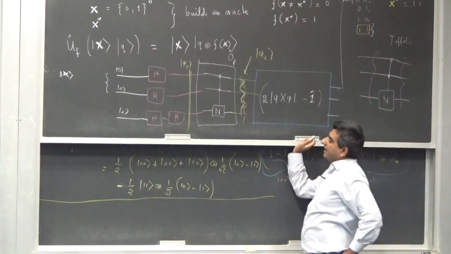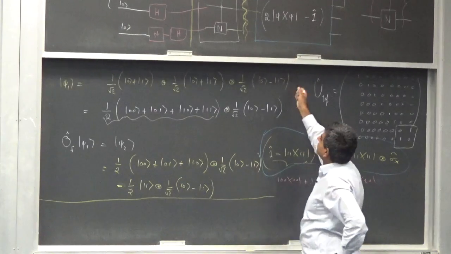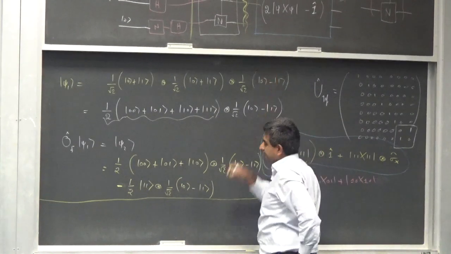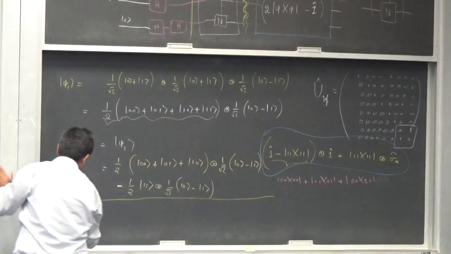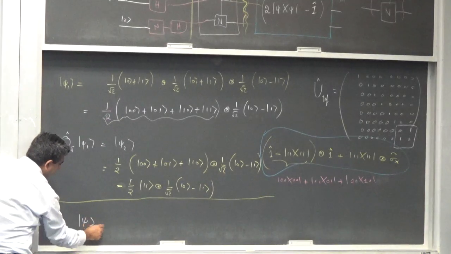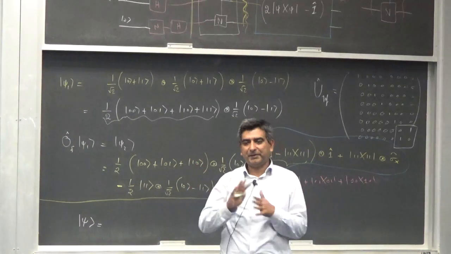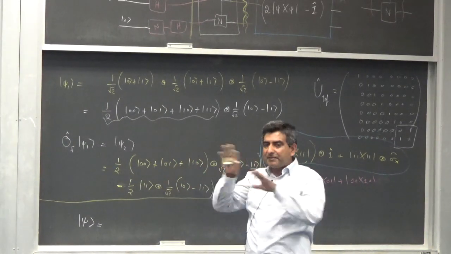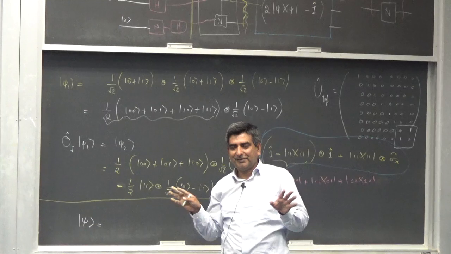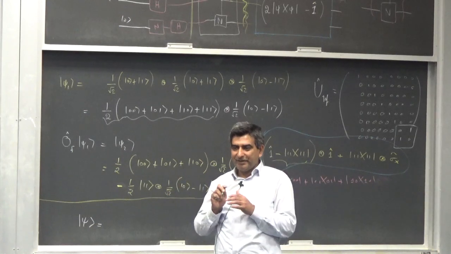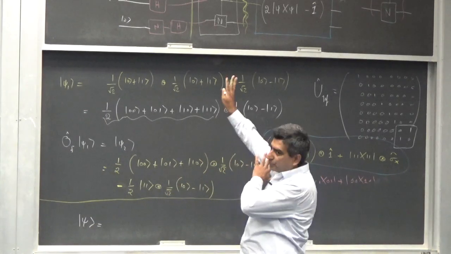And what is psi? My psi is an equal superposition of all the basis states. Now forget about the ancillary qubit. I'm just looking at the first two qubits.